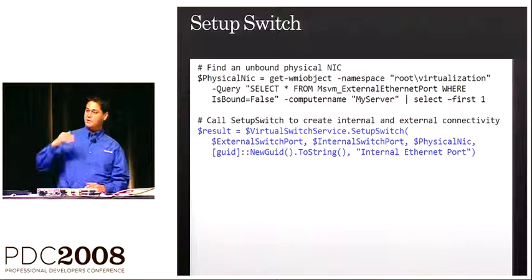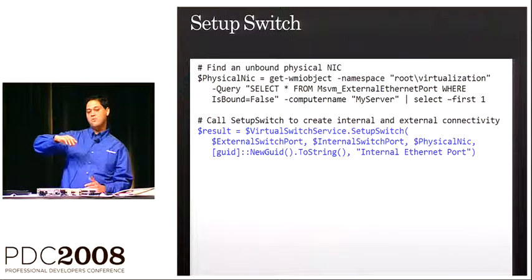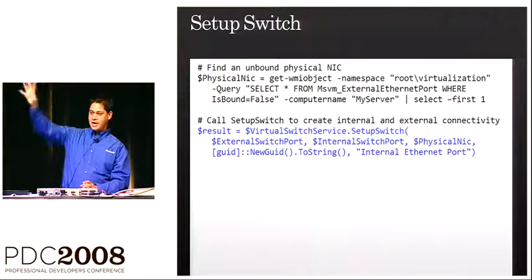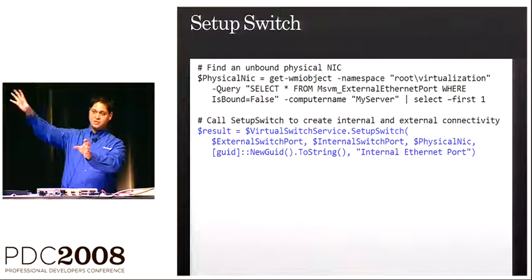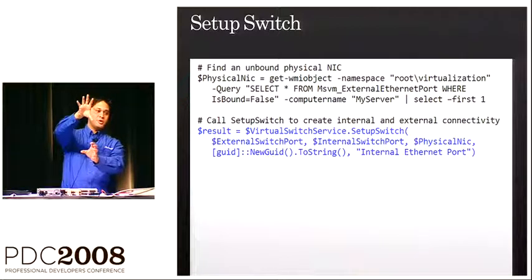If you remember the picture we were looking at before, you've got the external bindings between the switch and the physical NIC, and you've got the internal bindings between the switch and the parent partition.